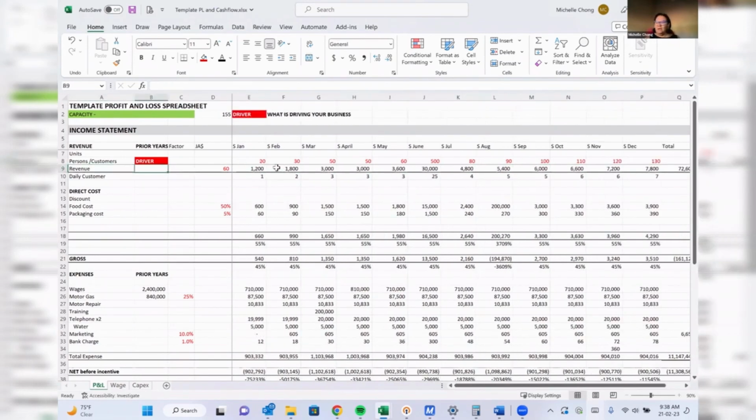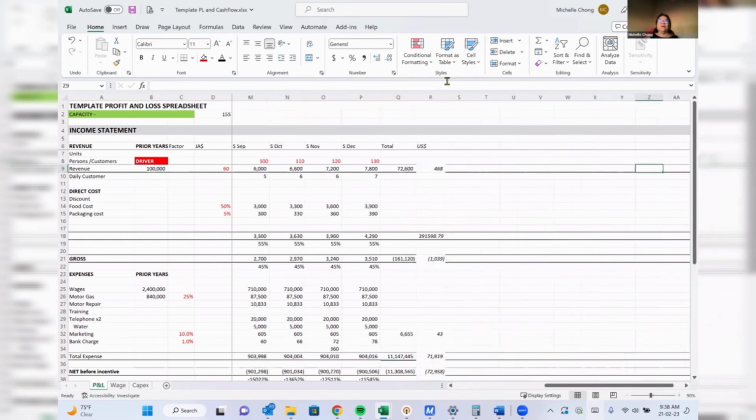But if my sales last year was 100,000, and I'm going to add my commas on the home tab, putting in comma here and reducing my decimals, because remember, we don't deal with cents. We leave that in the piggy bank. We're not in our business. So I put 100,000 here. Then immediately I know that to make 72,000 is less.